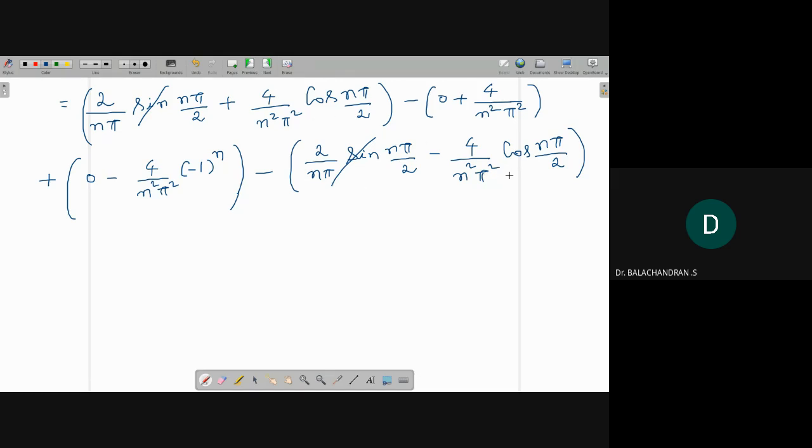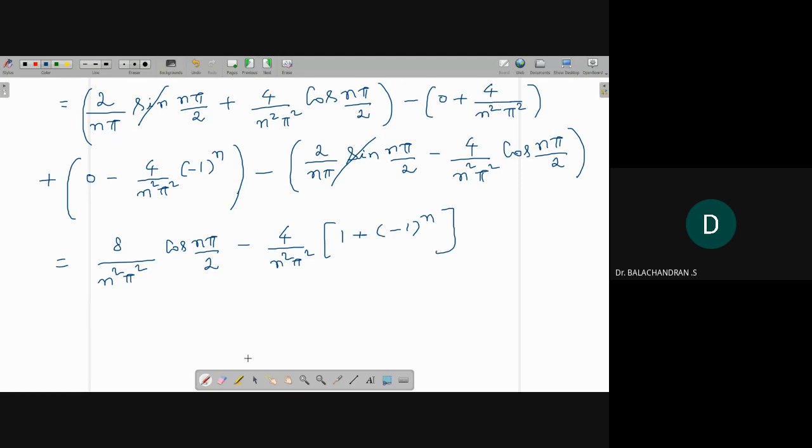So if you add, you'll get 8 divided by n square pi square into cos n pi by 2. From these two, this is also minus sign, here also minus. So what is common? Minus 4 by n square pi square is common. Remaining you have 1. Here you have plus minus 1 whole power n.